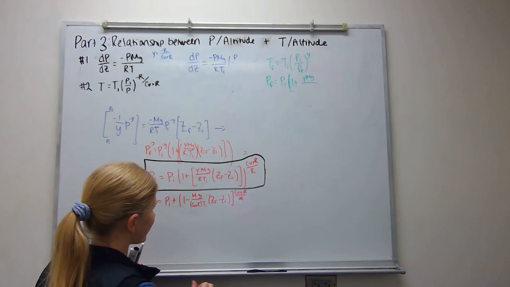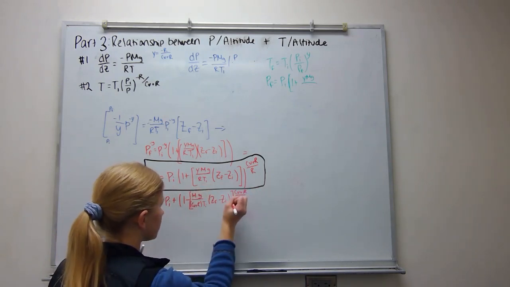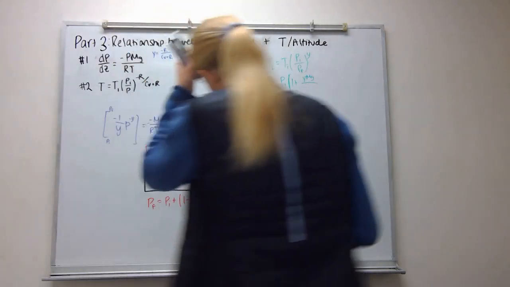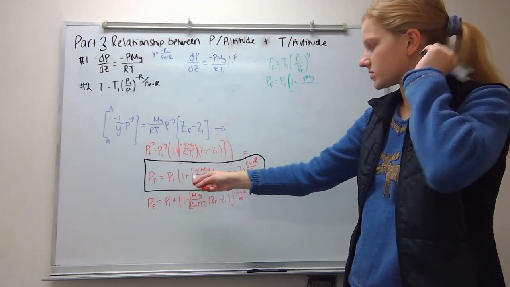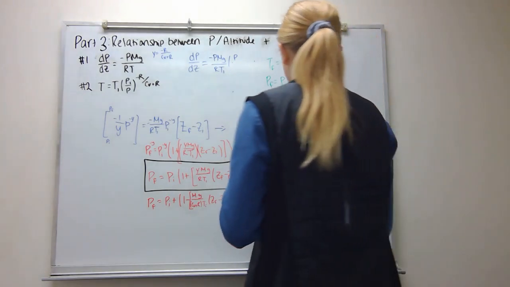Okay, I think that looks better, right? Okay. So this is our final relation between pressure and altitude. I forgot about the y here, so I forgot to substitute. But there we go.